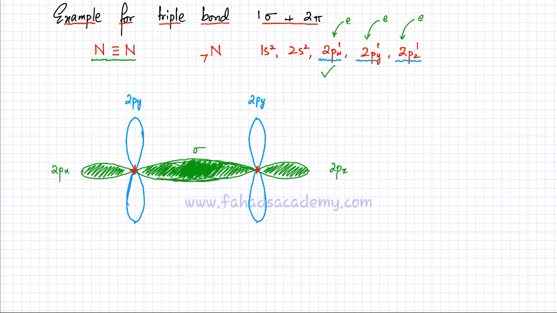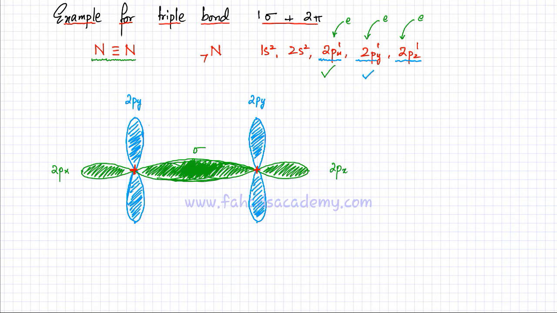Now moving on, let's look at the second orbital now, the one in blue. So you have the 2py orbital, which is drawn in blue over here, and let me shade the 2py orbital. So the 2py orbitals also need one electron. This nitrogen needs one electron in its 2py orbital because it only has one electron. The other nitrogen, exactly the same case, also has just one electron in the 2py orbital. And exactly the same thing is going to happen.